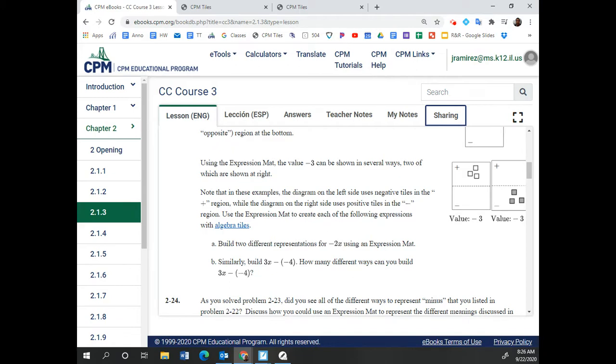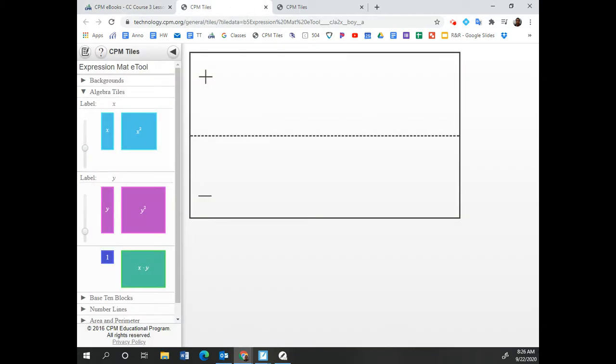Click on that and it'll bring you up to this. Okay? So, you're going to pause the video, you're going to go to it, and then what I want you to do is think of three ways, one or two or three, some ways to show zero on the expression mat. Zero. What do you think? How could you do that? So pause it now and try it.